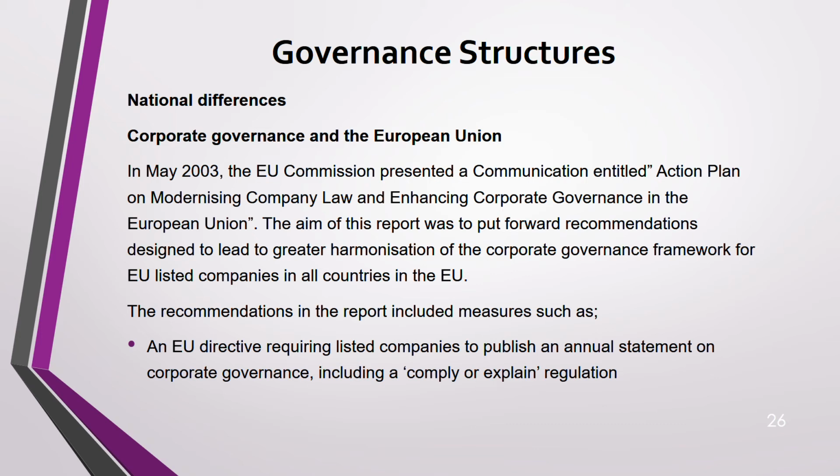They say that listed companies should publish an annual statement on corporate governance. This is for all EU companies. All the companies in the EU states have to publish an annual statement on corporate governance, also including a comply or explain regulation. They have to comply or explain.